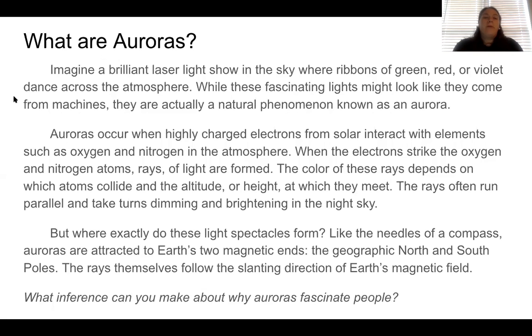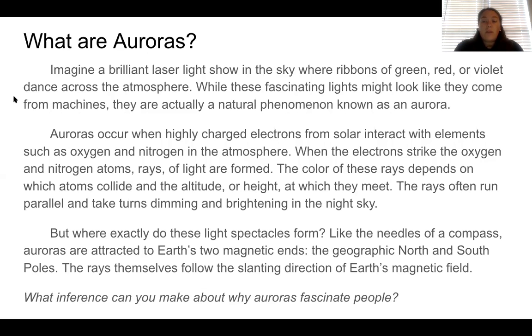It says, imagine a brilliant laser light show in the sky where ribbons of green, red, or violet dance across the atmosphere. While these fascinating lights might look like they come from machines, they are actually a natural phenomenon known as an aurora. Auroras occur when highly charged electrons from solar wind interact with elements such as oxygen and nitrogen in the atmosphere. When the electrons strike the oxygen and nitrogen atoms, rays of light are formed.